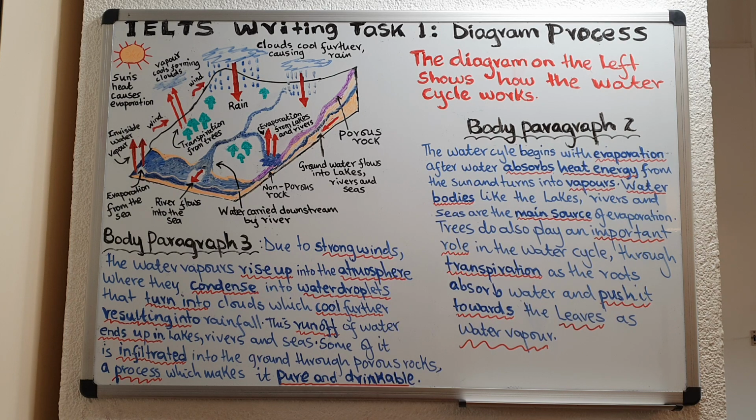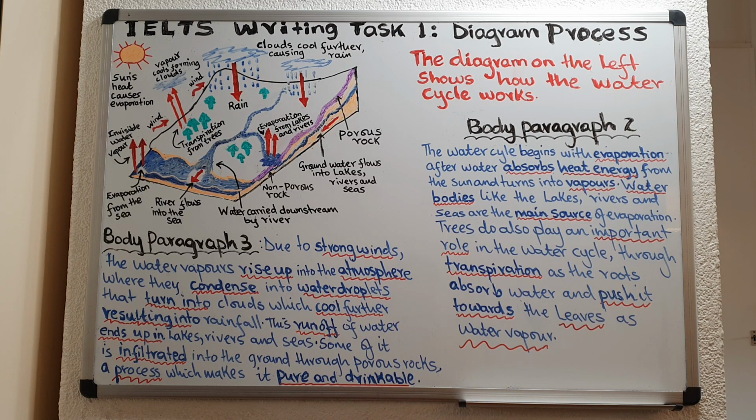At that point, we have not identified where the source of water is. We have simply pointed out the first step, that the water cycle begins or starts with evaporation, after water absorbs heat energy from the sun and turns into vapors.